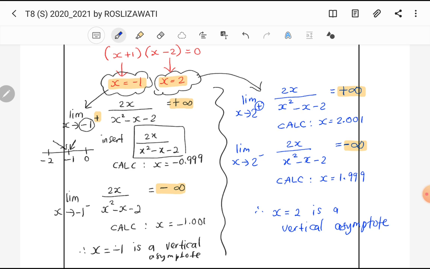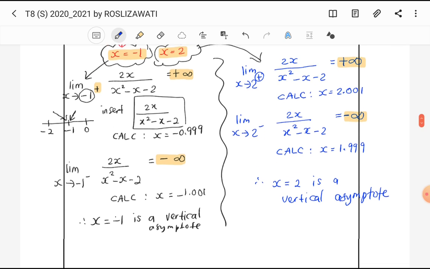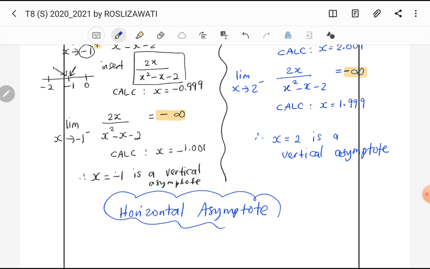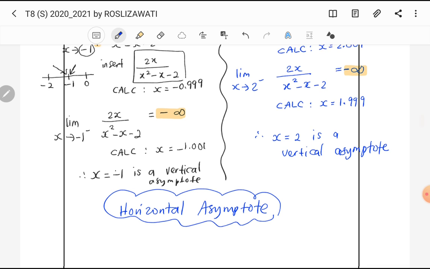Okay, so for vertical asymptote, we will apply limit at number. Okay, next, for horizontal asymptote. Okay, kita guna apa tadi? Kita akan guna limit at infinity.